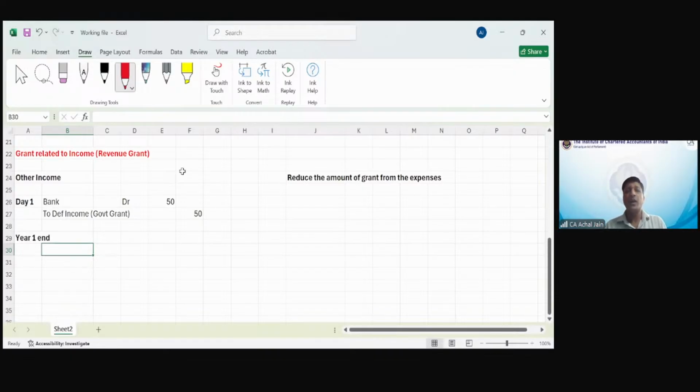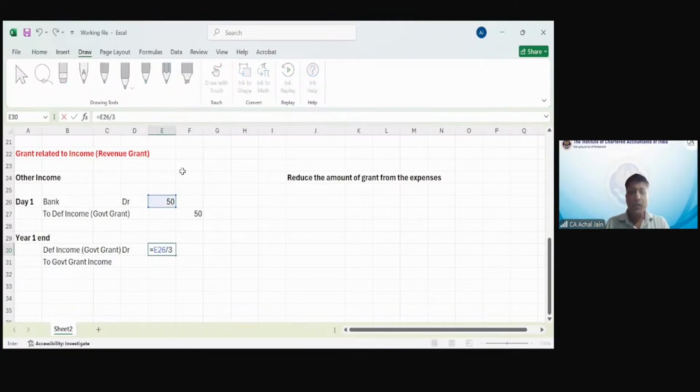So how do you amortize it? You'll say deferred income debit to government grant income, and you amortize it over 3 years.